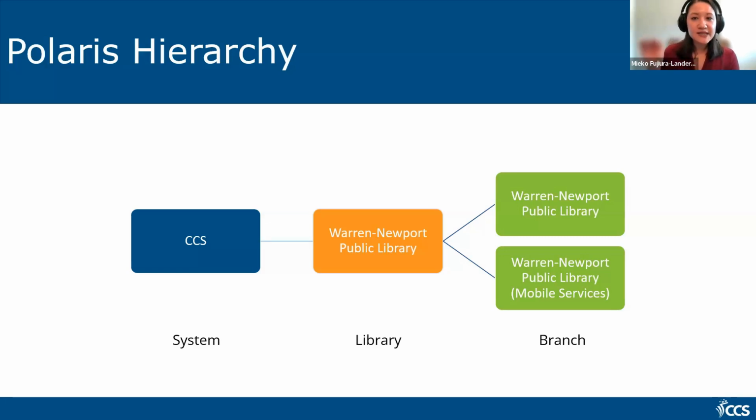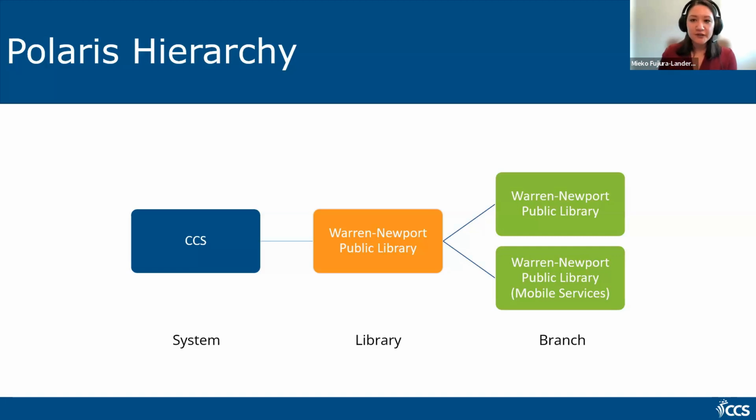So the system level, you'll hear the system level referenced when it comes to things like system-wide settings, right? So when we talk about system-wide settings, we're talking about something that applies to all CCS libraries. The library level is your institution. So we have Warren Newport Public Library.